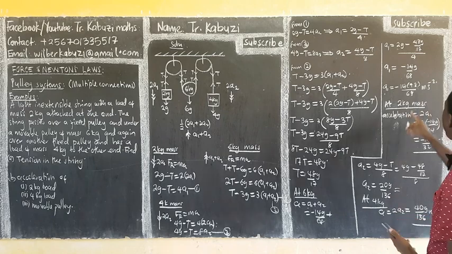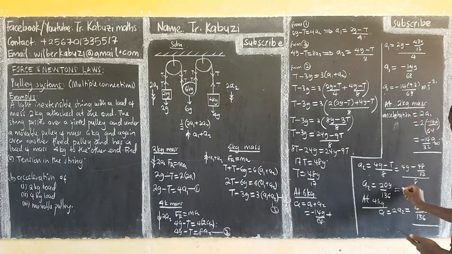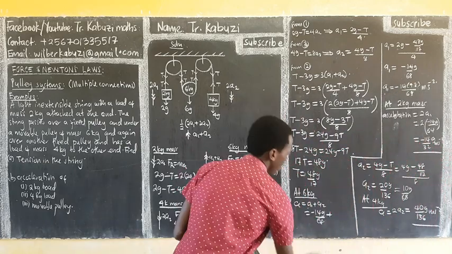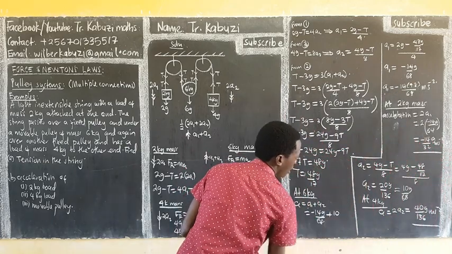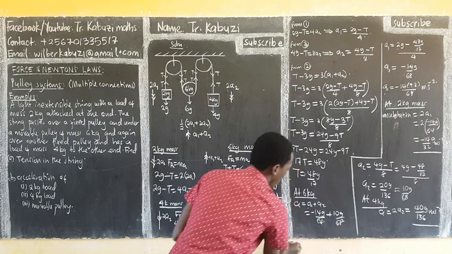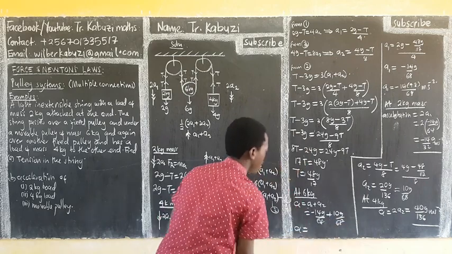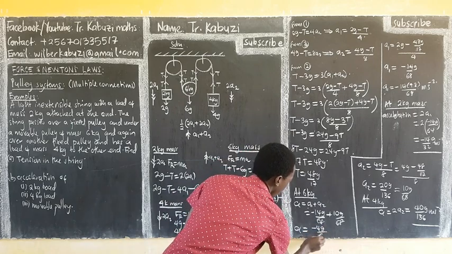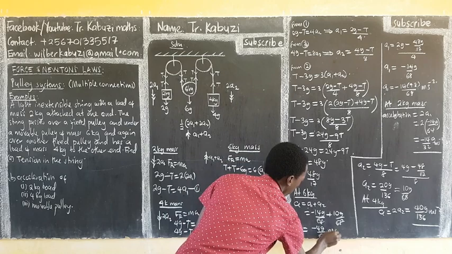I want it to have the same LCM. So by 2 here we get 10g, by 2 here we get 68. So then plus 10g over 68. Acceleration there is going to be negative 4g over 68 meters per second.